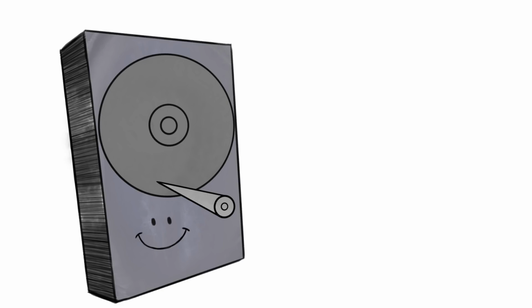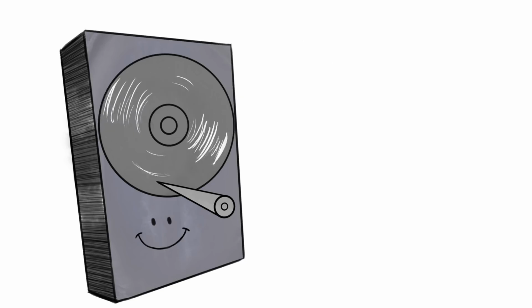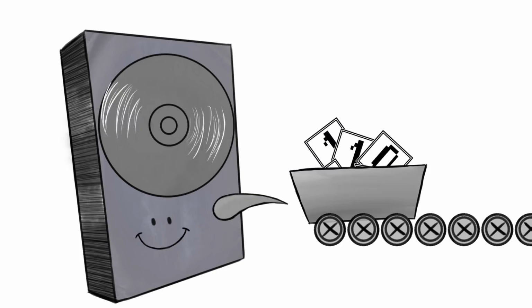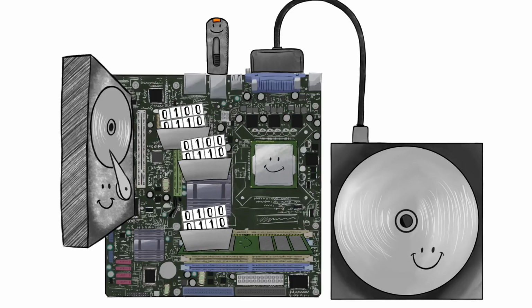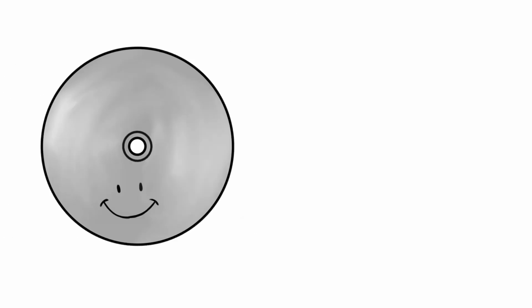In magnetic storage, which is the cheapest, data is stored as a magnetic pattern on a spinning disk coated with magnetic film. But because the disk must rotate to where the data is located in order to be read, the latency for such drives is 100,000 times slower than that of DRAM. On the other hand, optical-based storage like DVD and Blu-ray also uses spinning disks, but with a reflective coating.